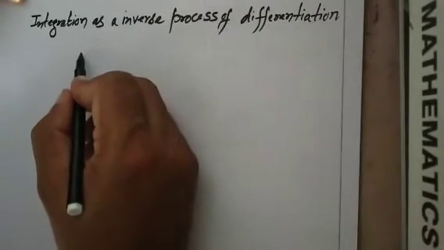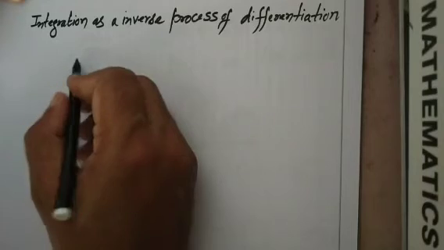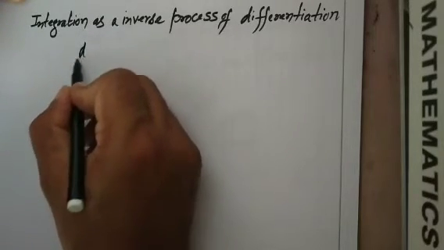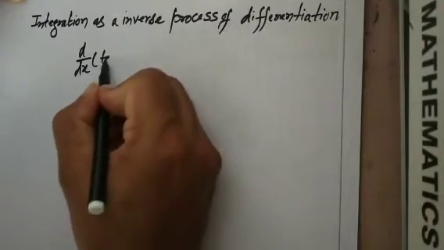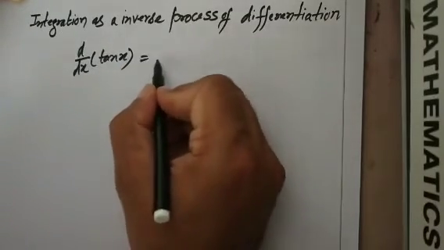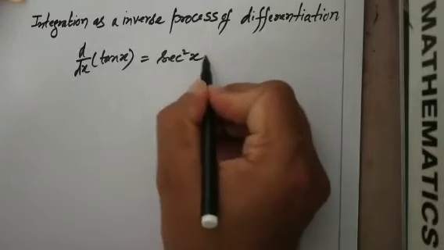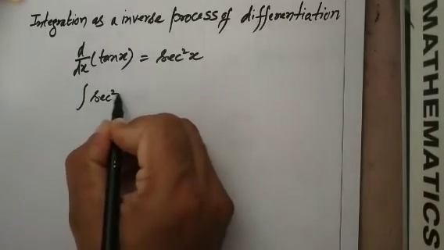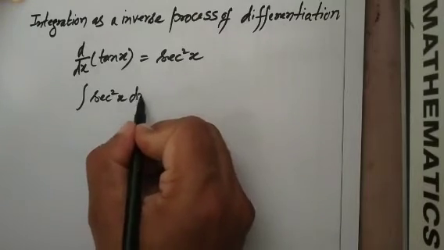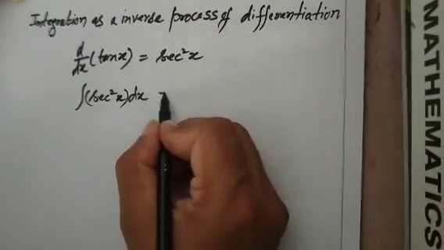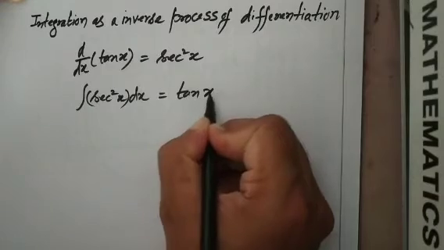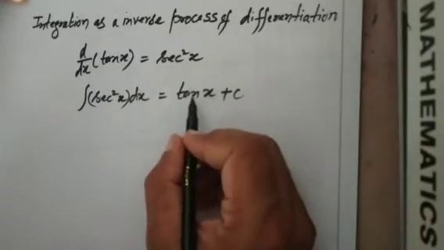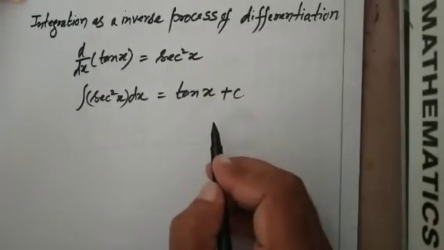For example, the basic example which you are already aware of, you know that the derivative of tan x is sec square x. So whenever the integration of sec square x comes, it will be written as tan x, and plus c we add to represent all those families of curves which have the derivative sec square x.